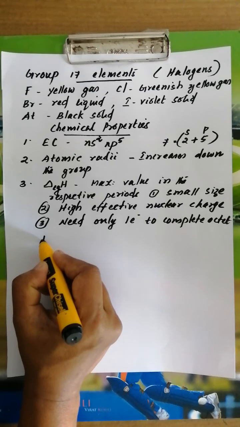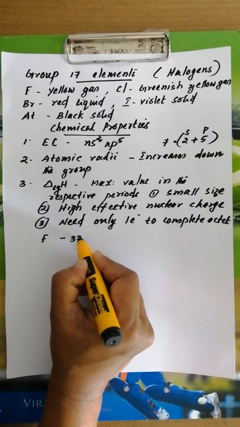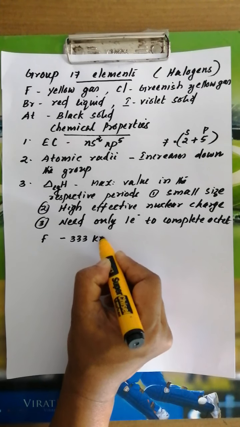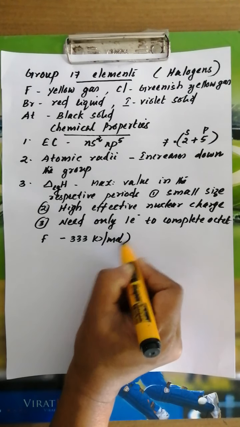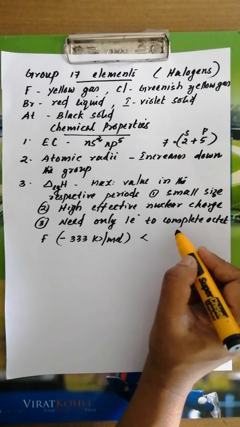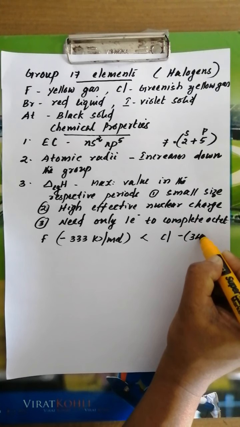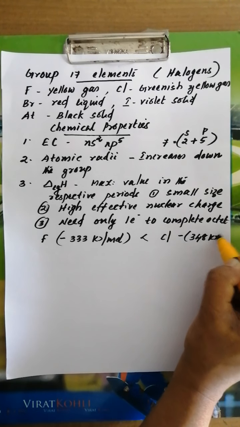And fluorine has less negative electron gain enthalpy than chlorine. What is the reason?